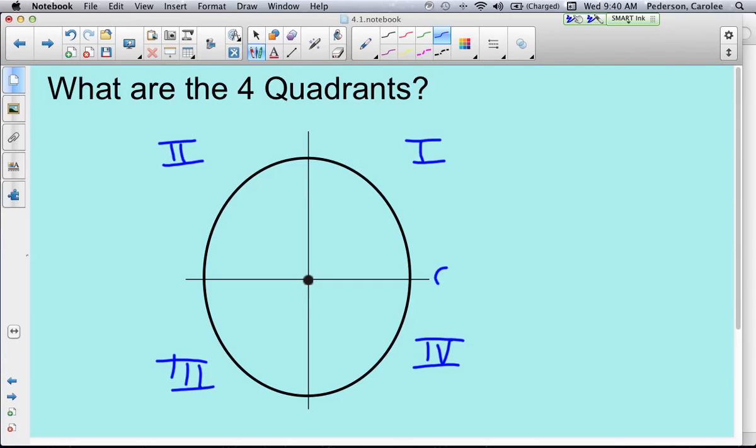So if here is 0 radians, that's my initial side, just like it was in degrees. If I want to go all the way around one rotation, then I would be at 360 or 2 pi. Now, if I want to go halfway around the circle, how many pi would I be? 1 pi. So if I want to go halfway around, then I would be right over here at pi. Do you agree?